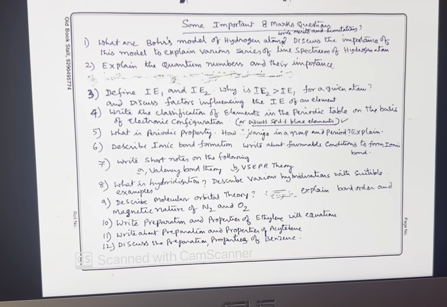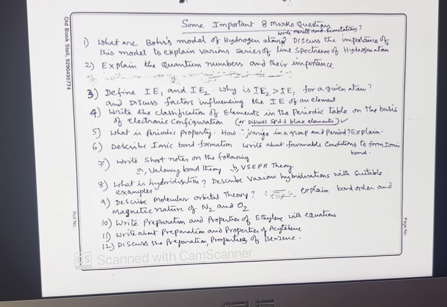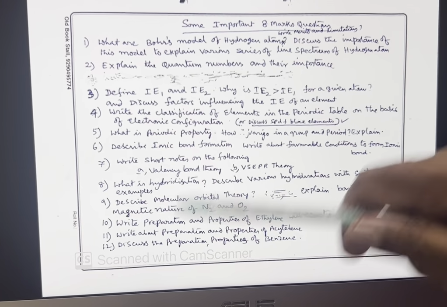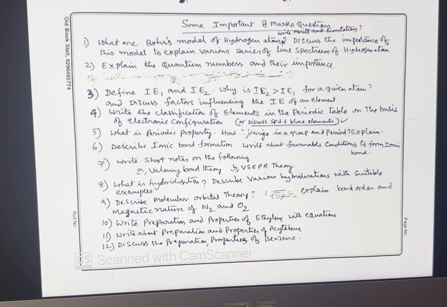Now, some important 8-mark questions are given. In total, I have given 70 questions from these 4 chapters. If you at least prepare these 12 questions correctly and effectively, you will get the 8-mark questions.